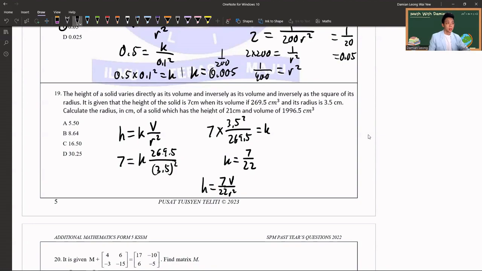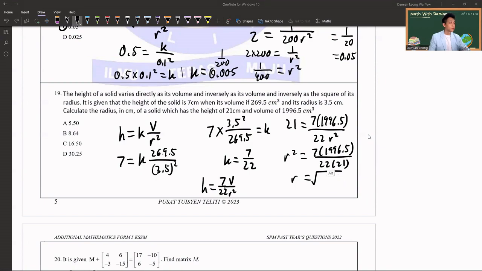So I want radius when height is 21, sub into the formula that we get, volume 1996.5 over 22 R squared. Bring up the R squared, bring down the 21. Radius square is 7 times 1996.5 over 22 times 21.